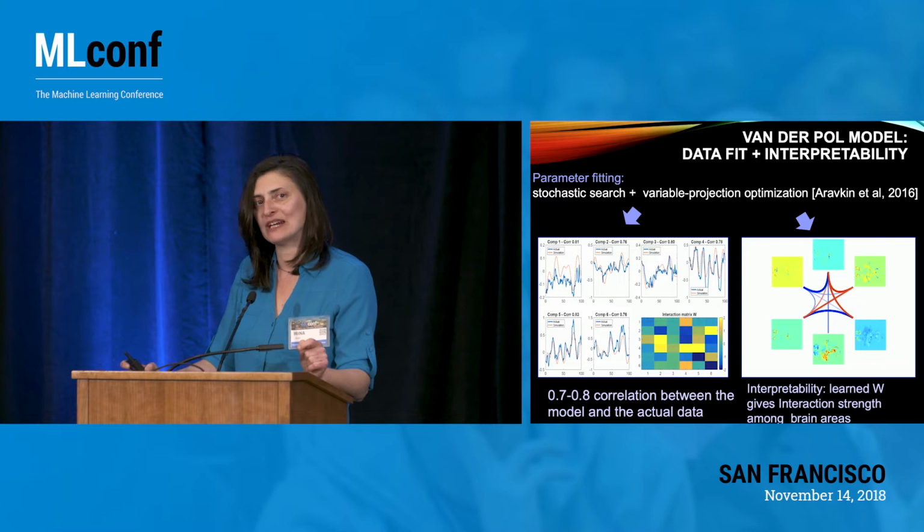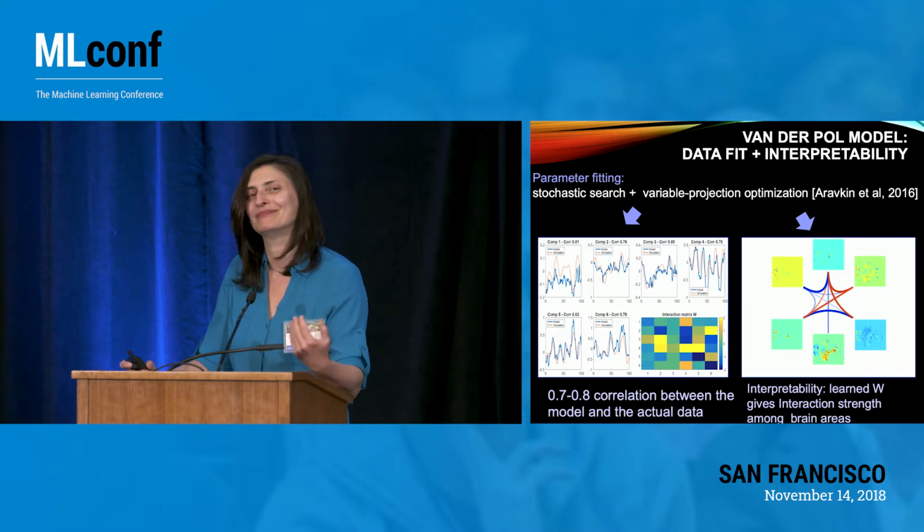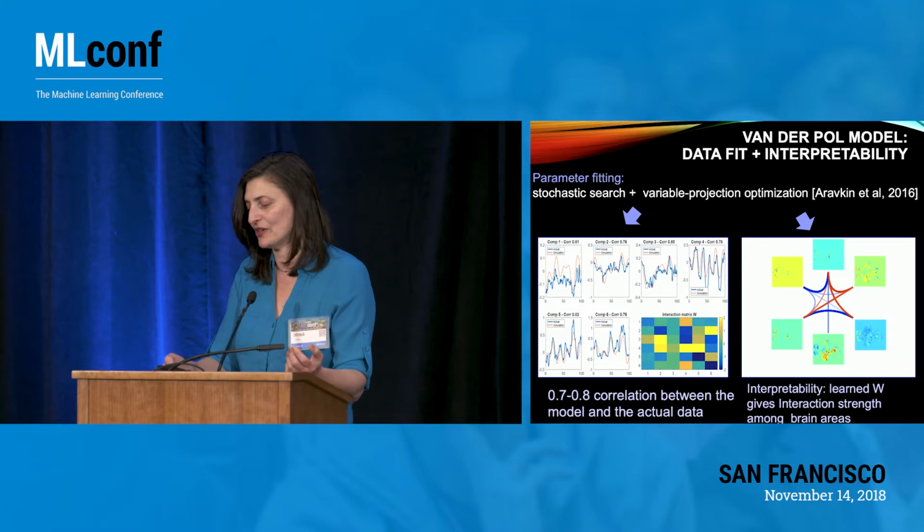We got a pretty nice fit to the data, which was remarkable. It hadn't been achieved so far, but more interestingly, we also got some interpretable results showing how the different parts of the brain, or actually spatial components that we used here, are related to each other.